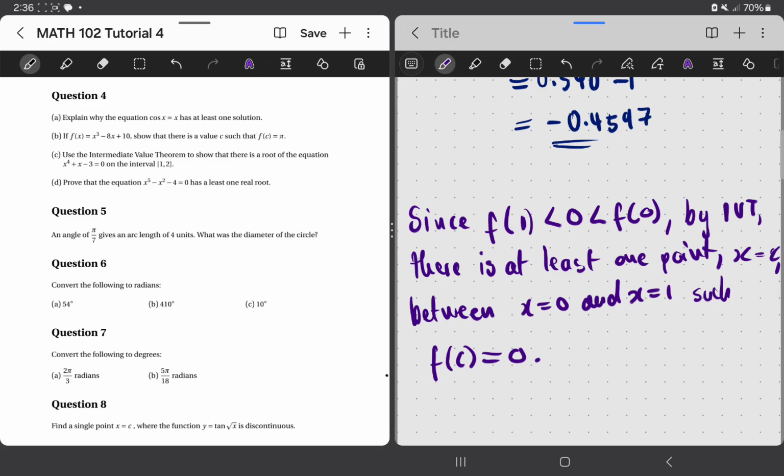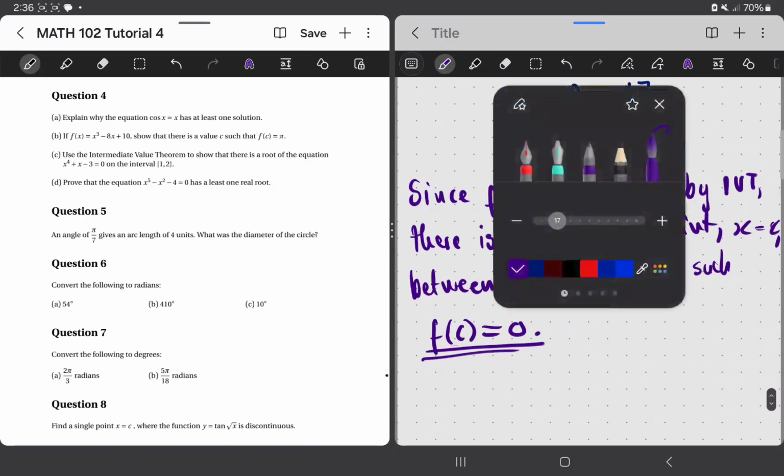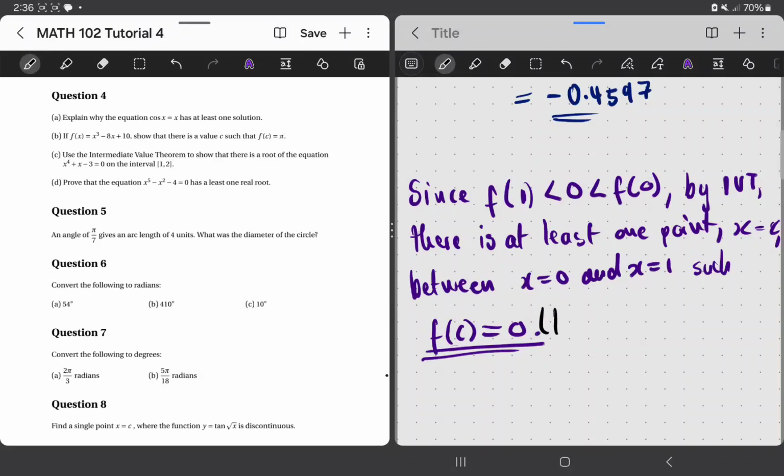Because for us to get a solution, it must give us an answer of 0 when we substitute it into f. So there is a point which will give us an answer of 0. Or you can put in brackets, there is a solution. A point which gives us 0.